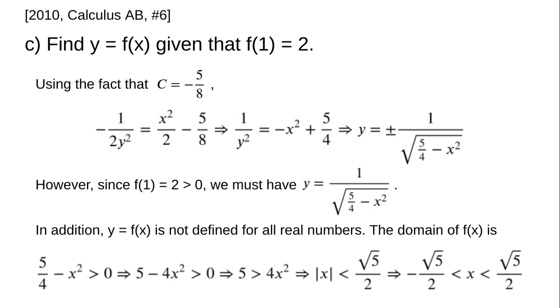That implies that 5 minus 4x squared is strictly greater than 0, which implies that 5 is strictly greater than 4x squared. Solving this, we get that the absolute value of x must be less than the square root of 5 over 2, so my domain here is all x between negative square root 5 over 2 and positive square root 5 over 2. And that would be the domain of this particular solution.